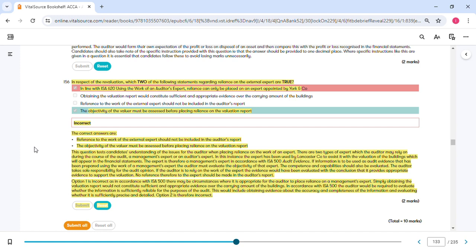If we are using the work of the auditor's expert, it is the responsibility of the auditor to make sure that it is sufficient and appropriate. Expert opinion should not be included. The auditor will give the opinion based on the expert report. Is it clear to you?